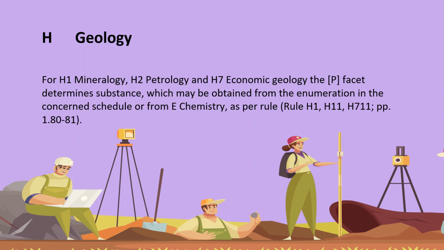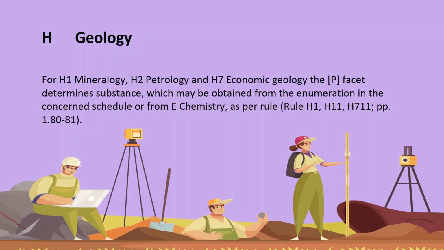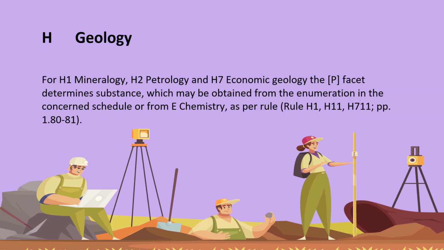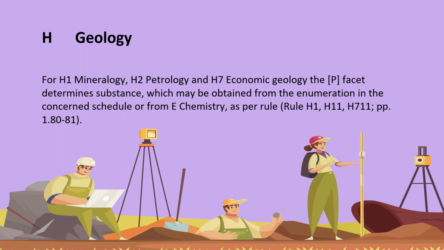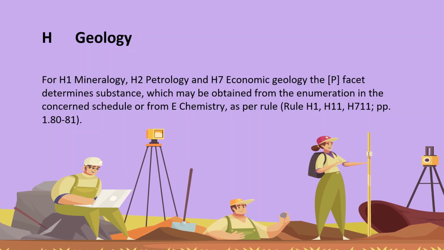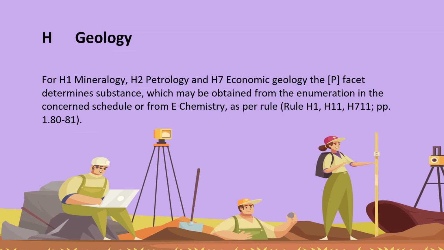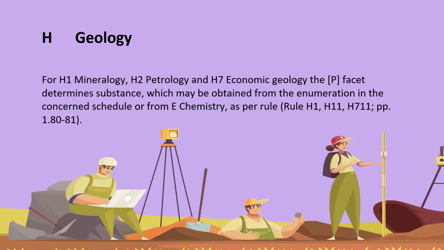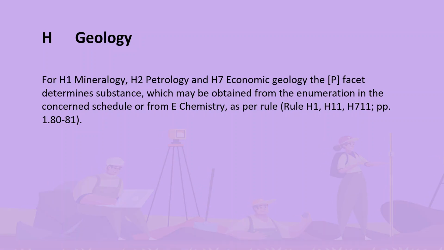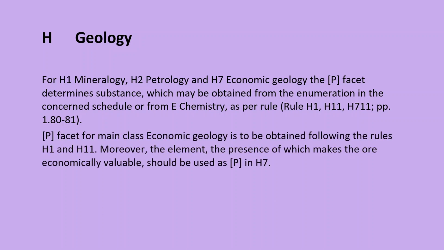For this, see rule H1, H11, H711 in the same chapter in part 1, that is on page number 1.80 and 1.81. Personality facet for main class economic geology is to be obtained following the rules H1 and H11.